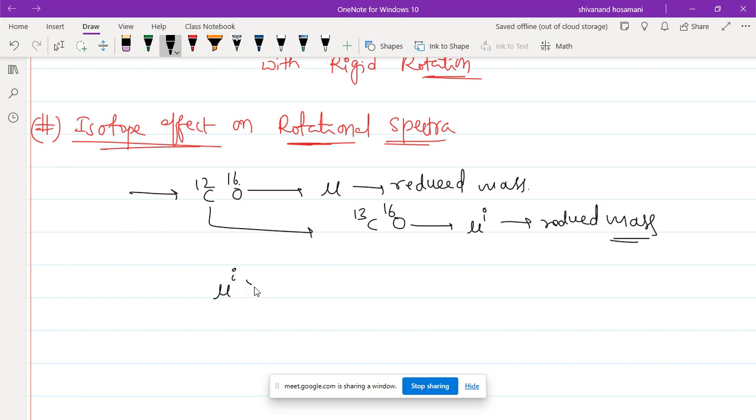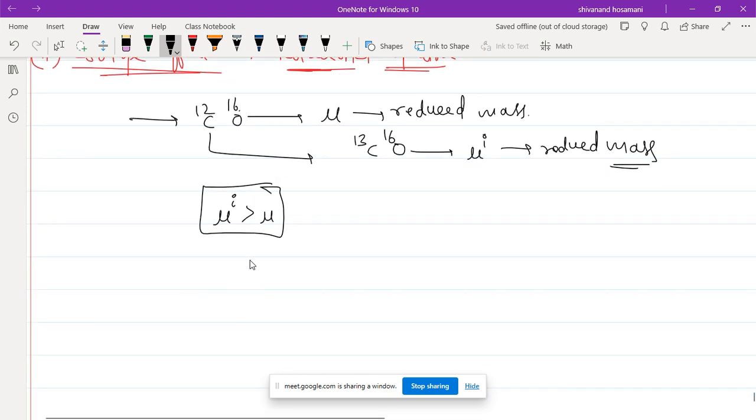Mu of the isotope is greater than mu. So the reduced mass of the actual molecule is less than the reduced mass of the isotope molecule.